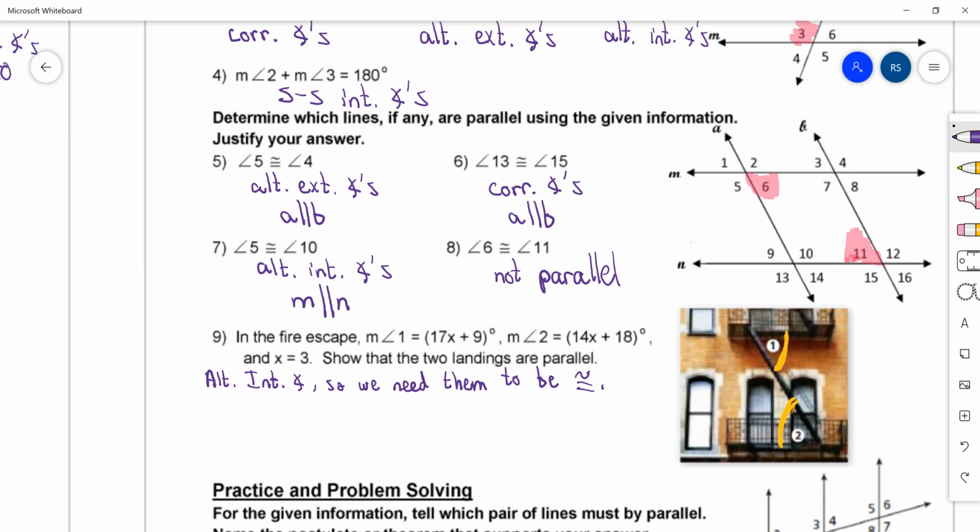So the measure of angle 1 is 17 times 3 plus 9. Well, that would be 60 degrees. The measure of angle 2 is 14 times 3 plus 18, which is also 60 degrees.